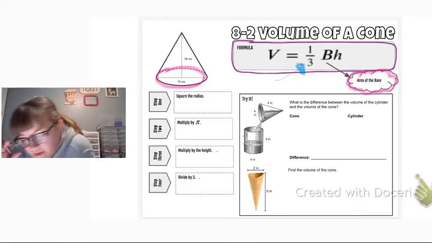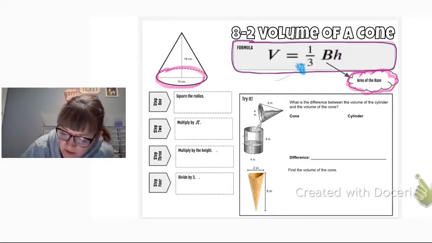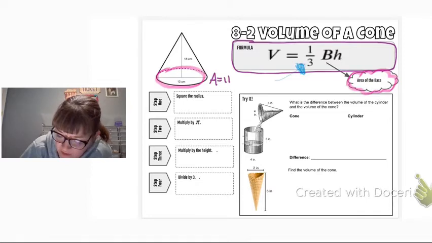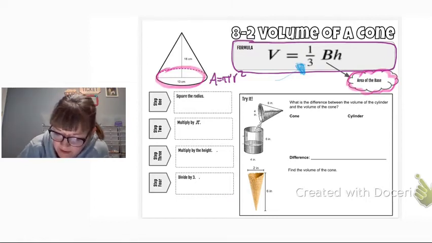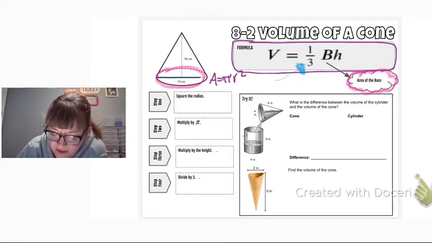Remember that the formula for the area of a circle is area equals pi times radius squared. That's how I find the area of a circle. For this example, in step 1 we want to square the radius, but it gave us the diameter, which was 13.